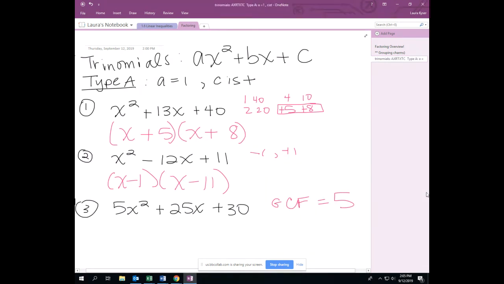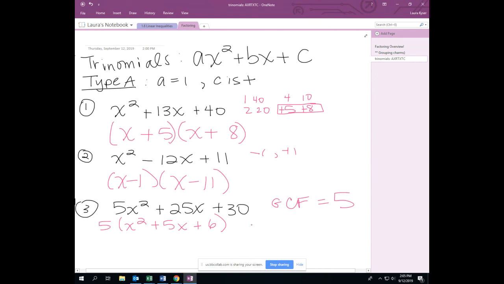The only way that this could be a type A trinomial is if it could have the 5 factored out, and it can. So we factor out the 5 first. I'm left with x squared plus 5x plus 6. And now what's left in that parenthesis is a type A trinomial.